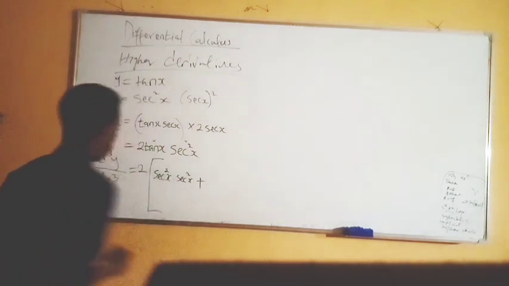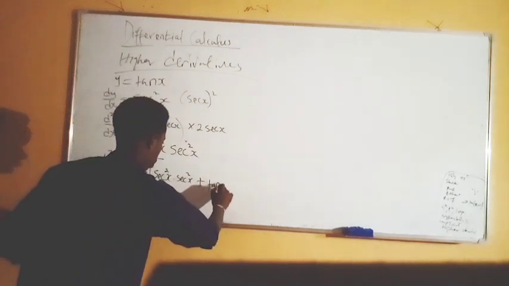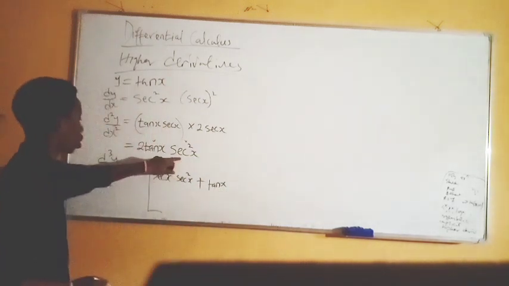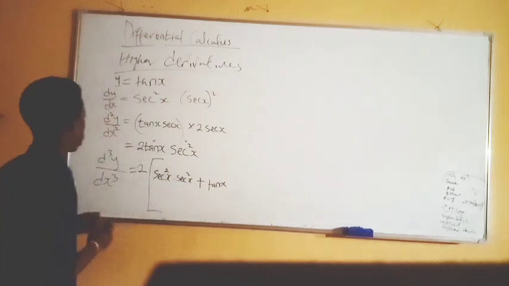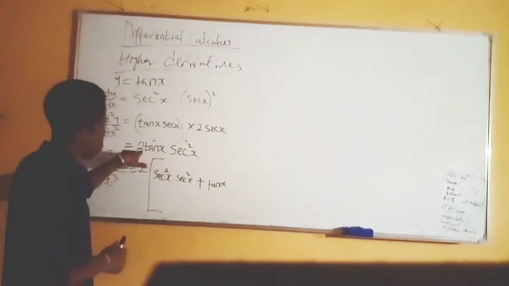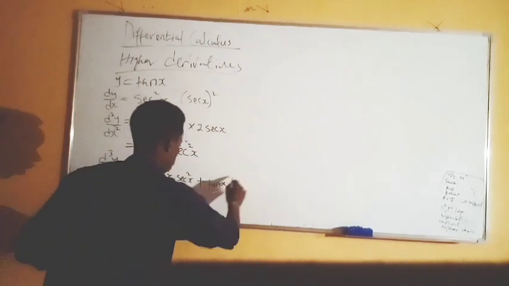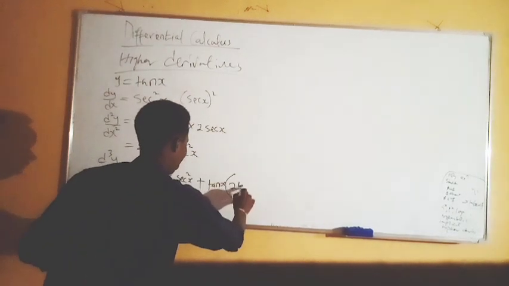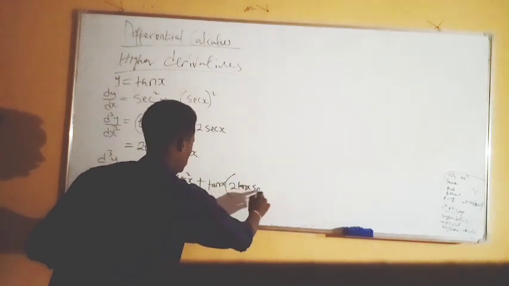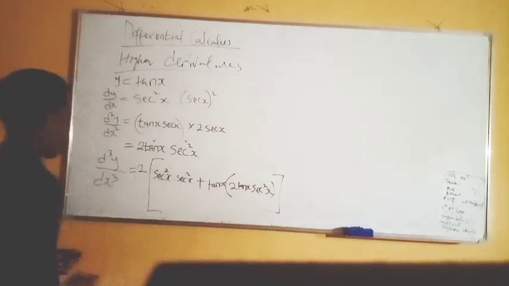Plus u, which is tan x, times dv/dx. So we have to differentiate sec squared x. Remember, when we differentiate sec squared x, we get 2 tan x sec squared x. So it's tan x into 2 tan x sec squared x. This is what we get.